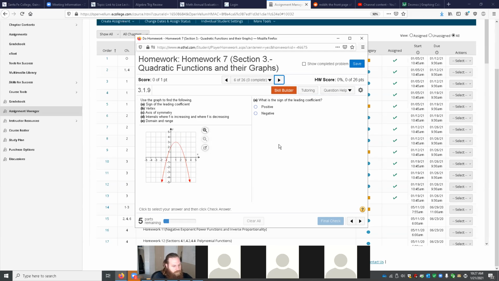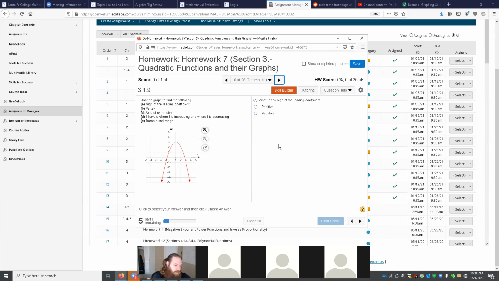Okay, they want us to say the sign of the lead coefficient, find the vertex, state the axis of symmetry, and also discuss intervals of increase and decrease.